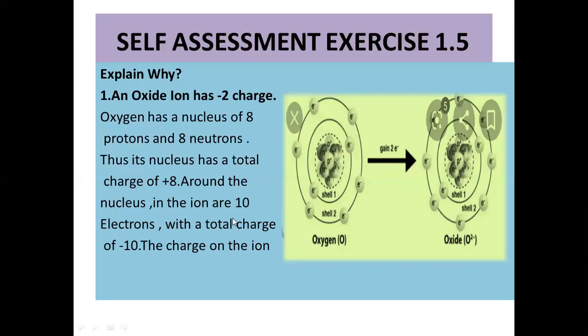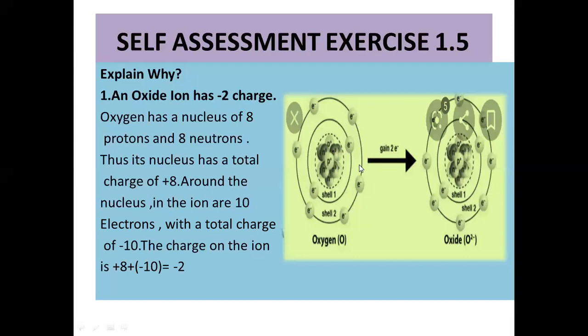The charge on the ion will be +8 due to the 8 protons, plus -10 due to the 10 electrons, because oxygen gained 2 electrons. Before gaining electrons, in a neutral oxygen atom the atomic number of oxygen is 8. So you can see 2 electrons are present in the first shell and 6 electrons are present in the second shell.